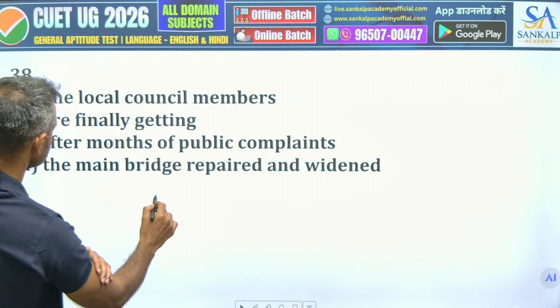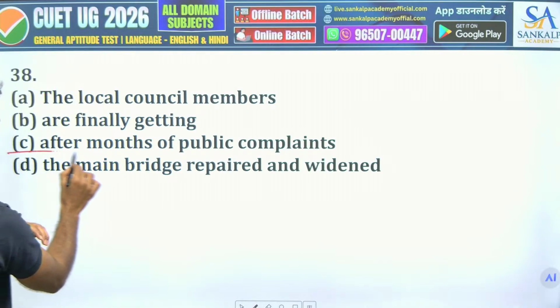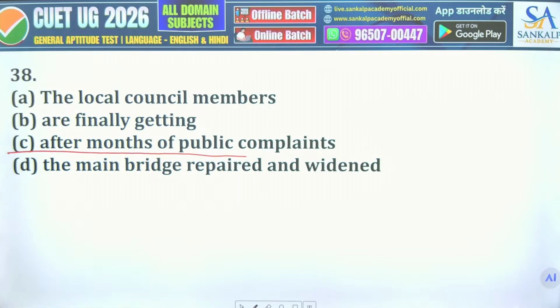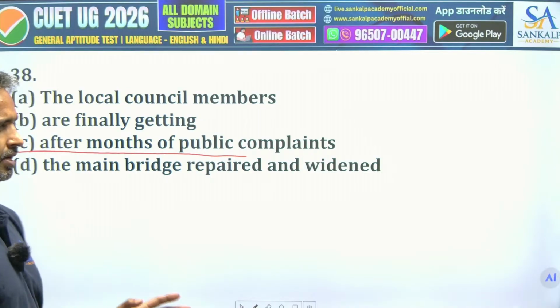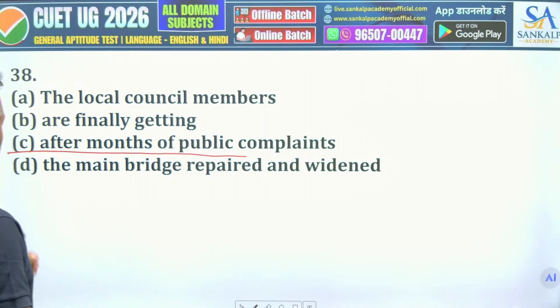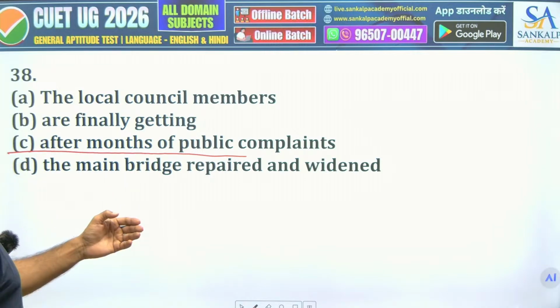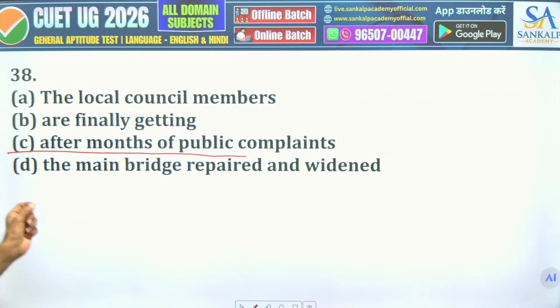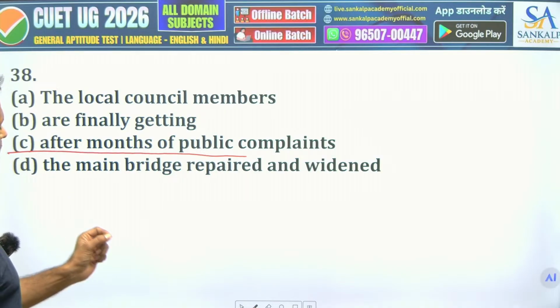Whenever there is a time thing, like after months of public complaints, it can go at the end of the sentence or it can come first also, both ways, right? So after months of public complaints, the local council members are finally getting the main bridge repaired and widened.